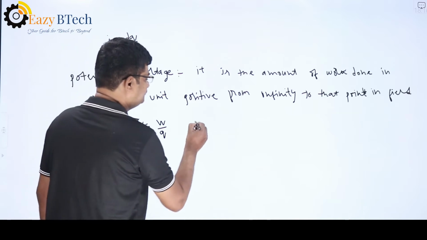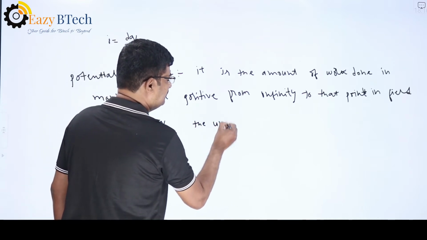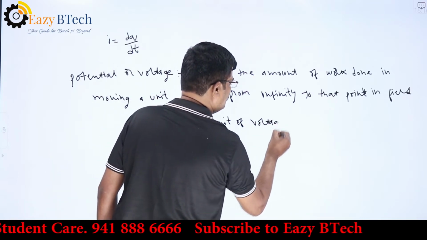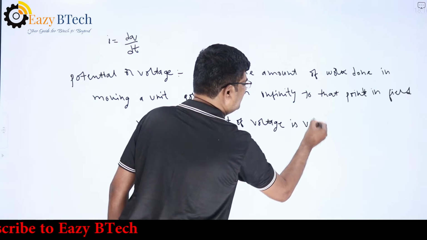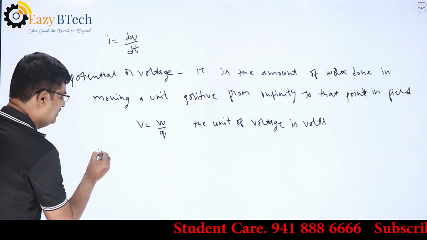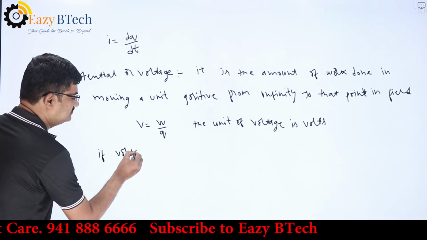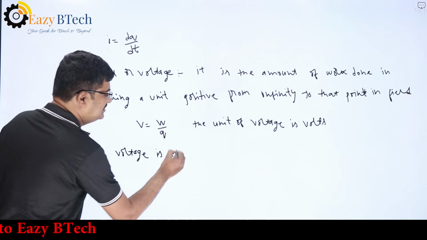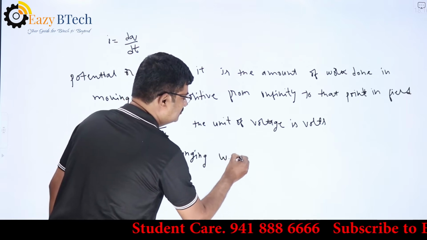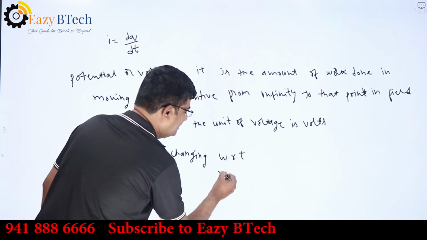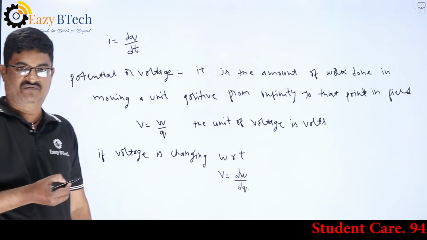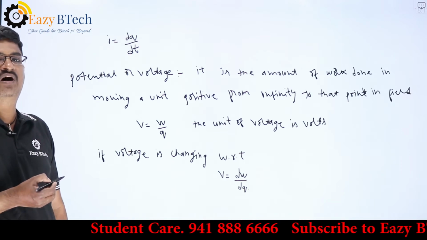The unit of voltage is volts, V-O-L-T-S. If my voltage is changing with respect to time, then I can write V is equal to dW by dQ, where dW is a small amount of work done and dQ is a small amount of charge.